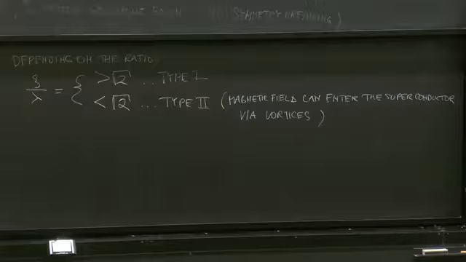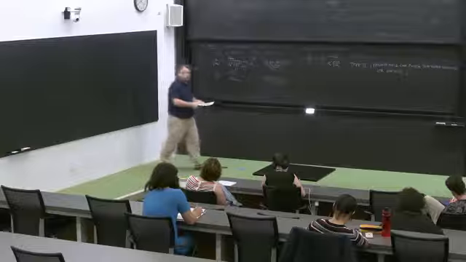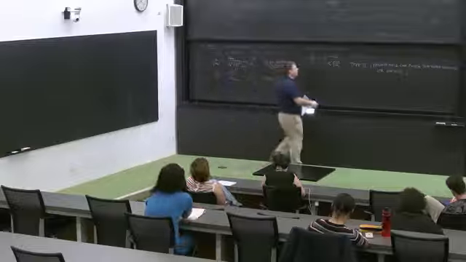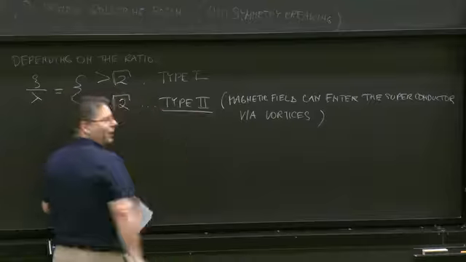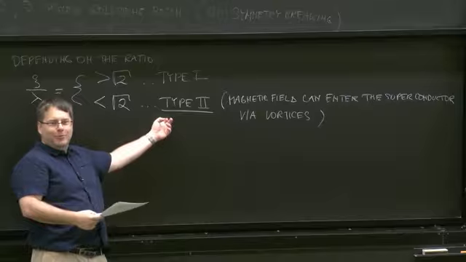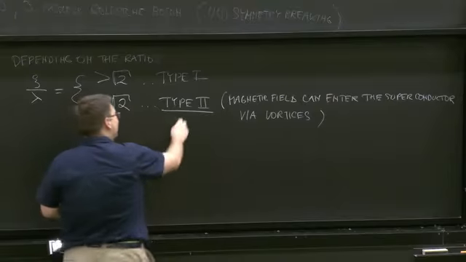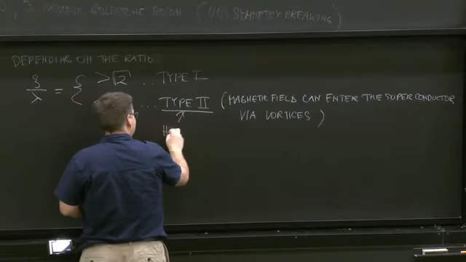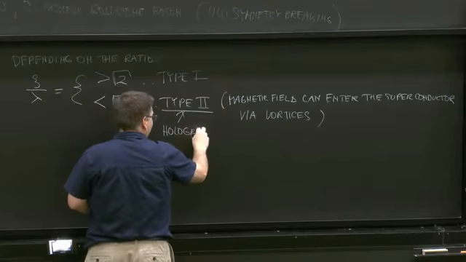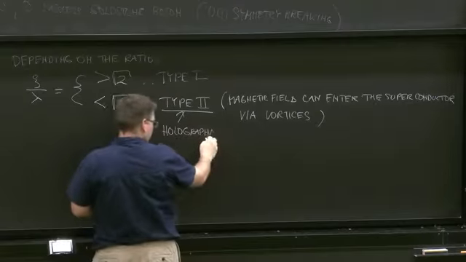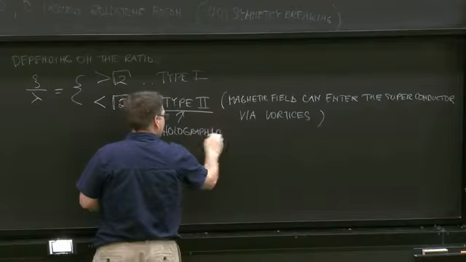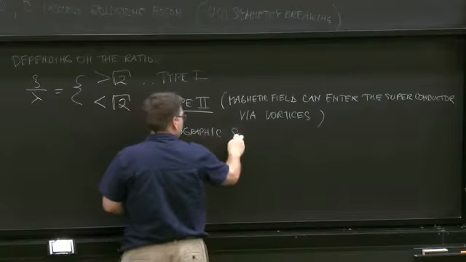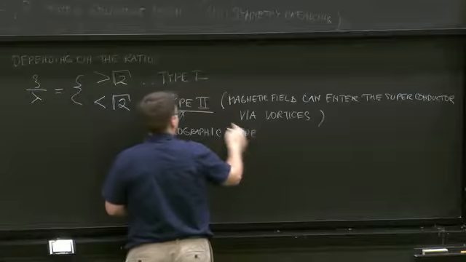But if the magnetic field is too big, it will destroy the superconductivity. And so the holographic superconductors are precisely these type 2 superconductors. Okay, so this is what people were able to do. Holographic superconductors are type 2.